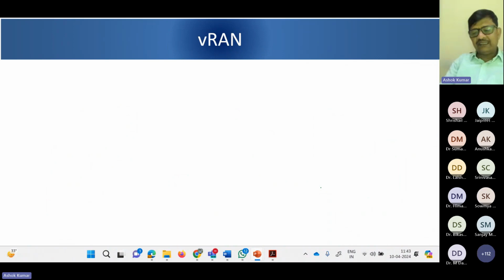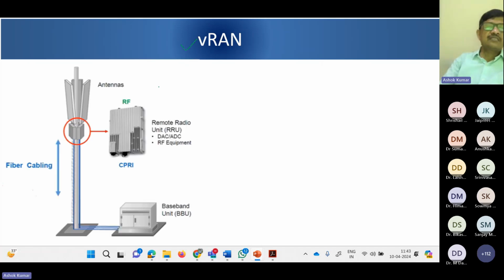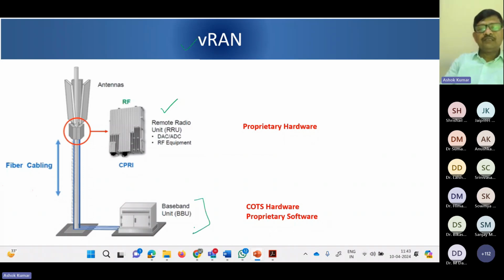Then these OEMs started promoting something called virtual RAN, vRAN. Virtual RAN is not really Open RAN. In virtual RAN, the RF remains proprietary hardware as it was in traditional RAN. But the BBU hardware becomes COTS hardware, commercial off-the-shelf hardware, which can be any server.